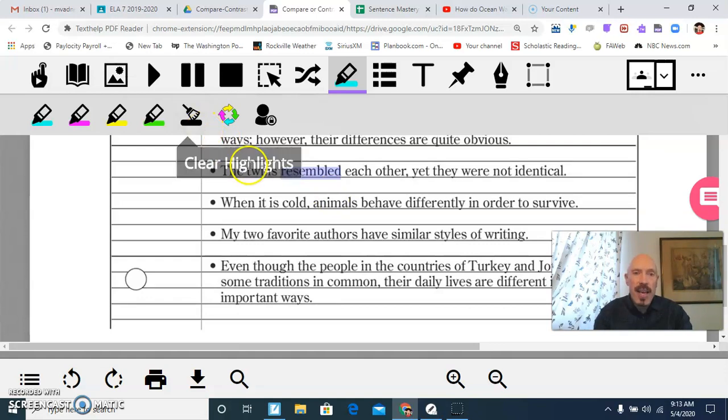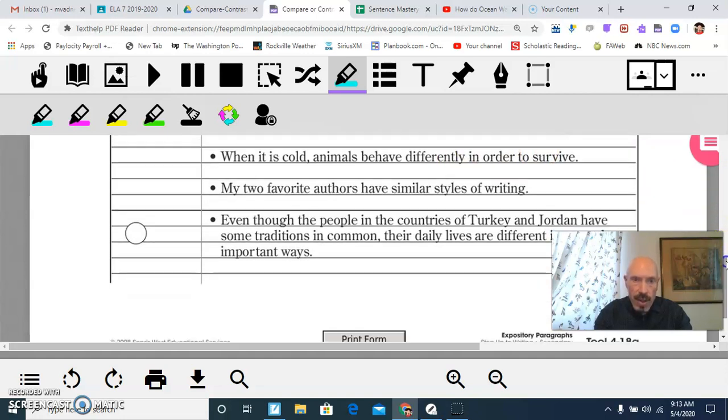In this case, you're starting off with the suggestion that twins look like each other, but the difference is all about how they're not identical. And then again, let's say my two favorite authors have similar styles of writing. So you know that this paragraph or essay is going to be all about how these writers are the same.